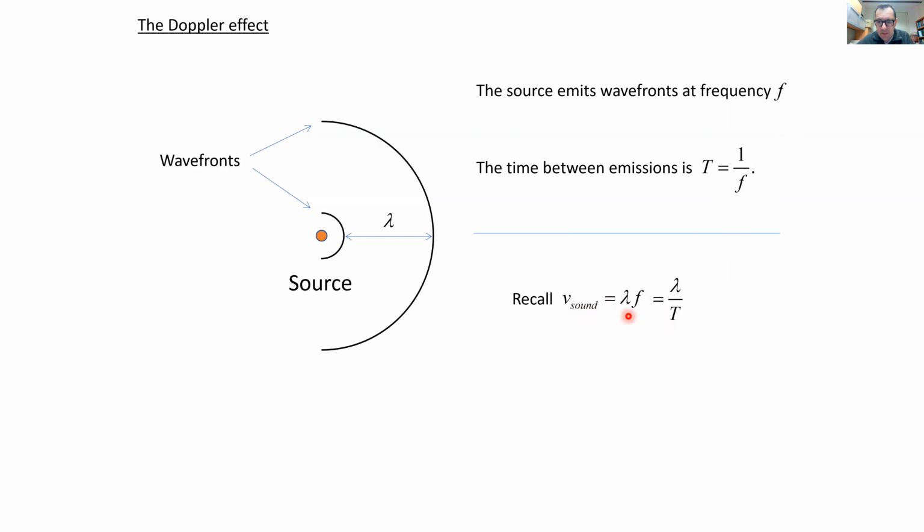So the speed of sound could be written either as wavelength times frequency or wavelength divided by period. If I take this last one equals v sound, I can write the period this way. So the period is the wavelength divided by the speed of sound. I'm going to use this one, so I'll put a box around it.